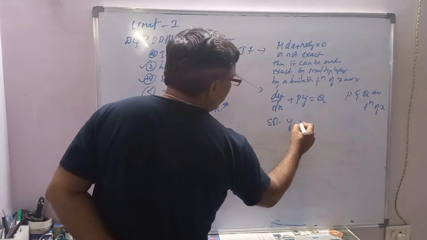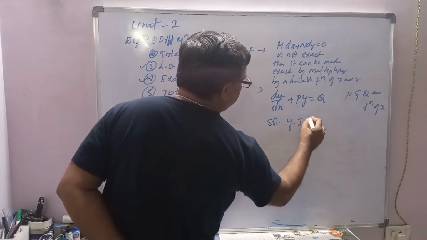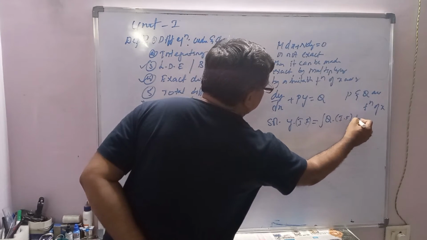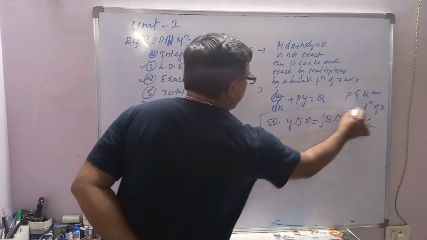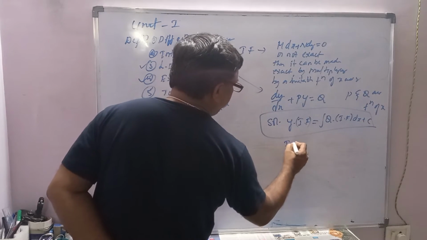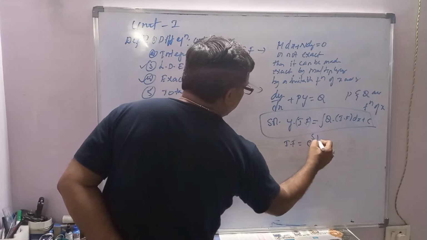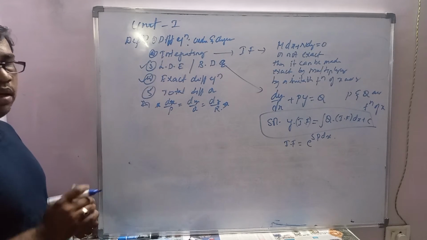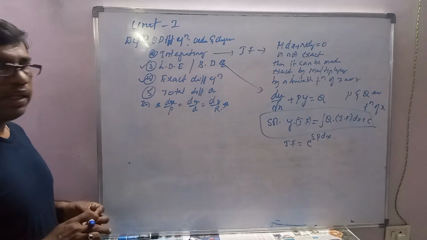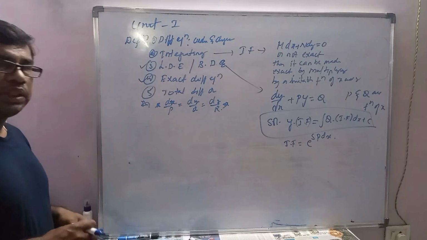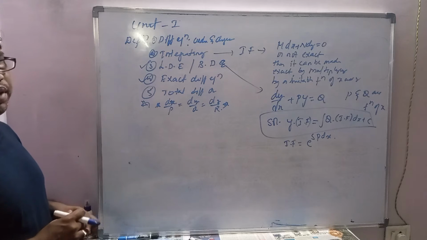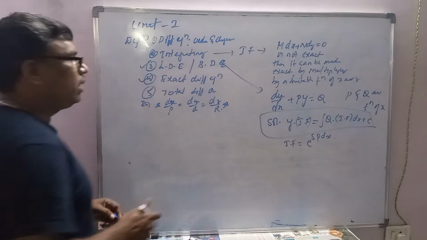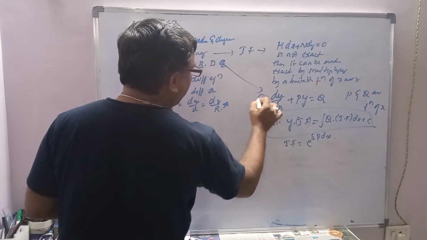The solution is y into integrating factor is equal to integral of Q into integrating factor dx plus c, where integrating factor is equal to e to the power of integral P dx. First of all, we have to find the integrating factor, and then the solution is y into integrating factor is equal to integral of Q into integrating factor dx plus c. Please practice this type of problems.